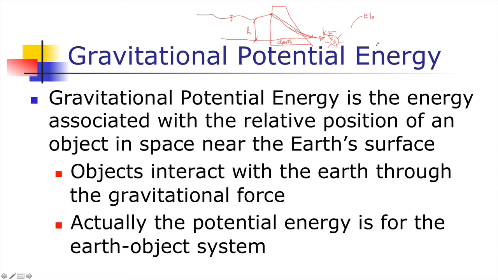Okay, so by virtue of being at a certain location, you can have potential energy. Another good example: let's say there's a coconut. You want to crush this coconut. What do you do? Bring a rock, crush it.